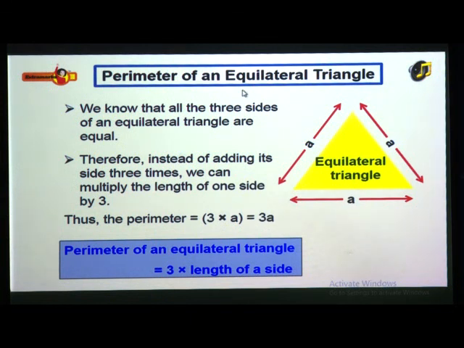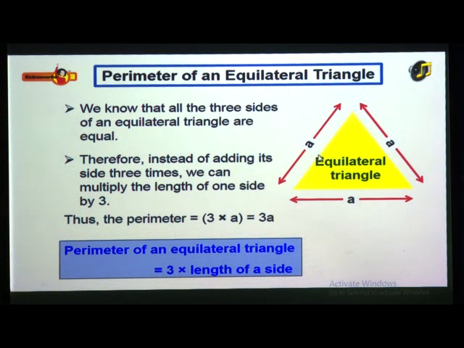Now for finding the perimeter of an equilateral triangle. We know that all the three sides of an equilateral triangle are equal. The length of all the sides of an equilateral triangle is the same. Therefore, instead of adding its sides, here also we have to add a plus a plus a.